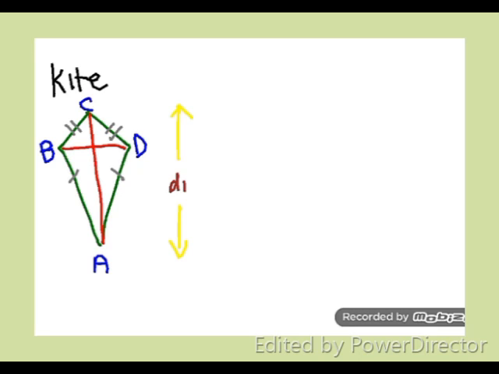This is the D1, the diagonal 1, and this is the D2, the diagonal 2. Nagbabisect sa kite na yan.